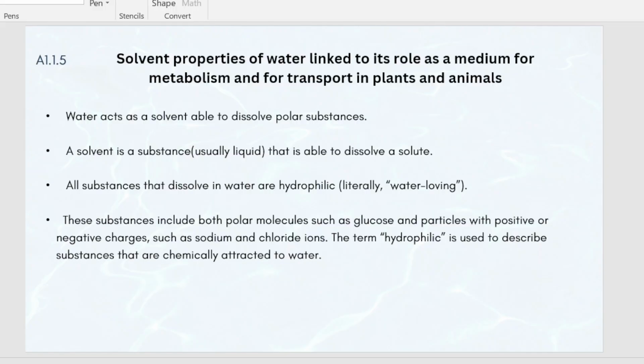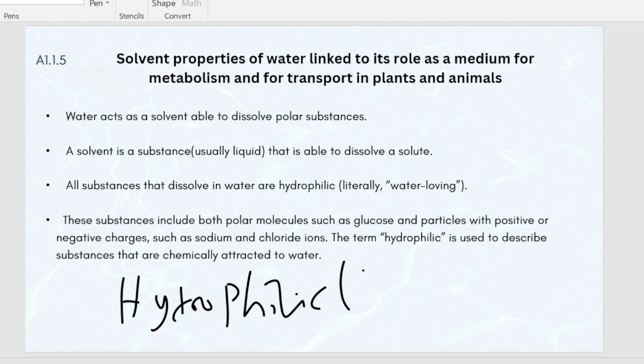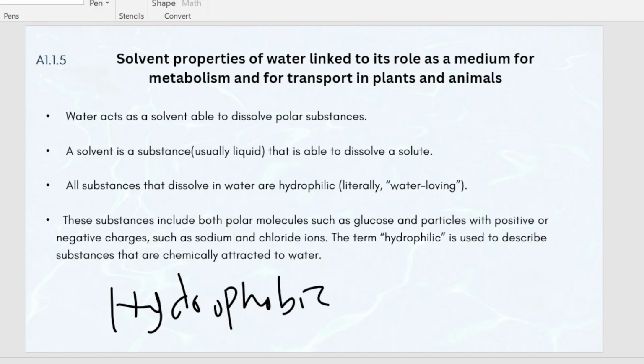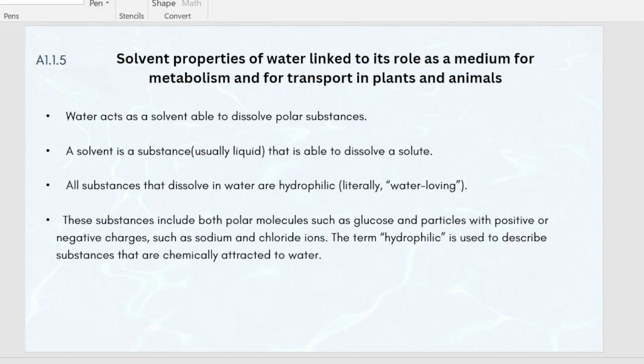So we have hydrophilic, which are water loving, and we also have hydrophobic, which are water repellent or water hating. Hydrophobic substances are not attracted to water. All right, let's go on to the next one.